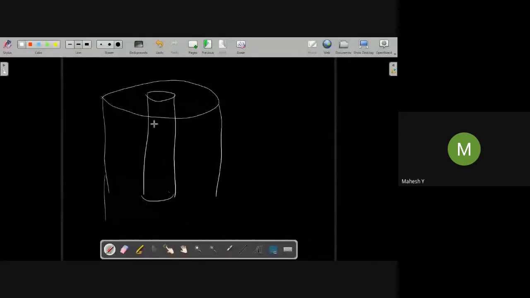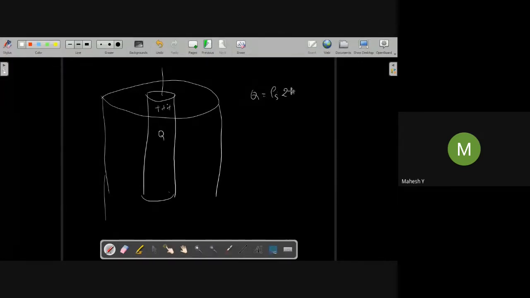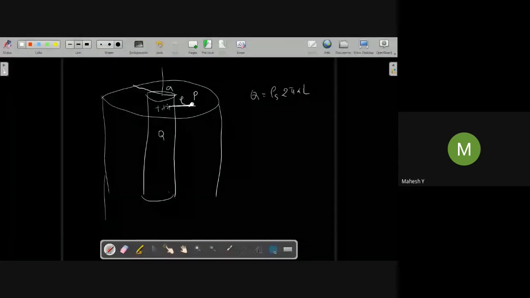The inner has a charge q, and q is equal to rho s into 2 pi a l. This is the point P, with radius rho. The inner has radius A, and the outer has radius B.